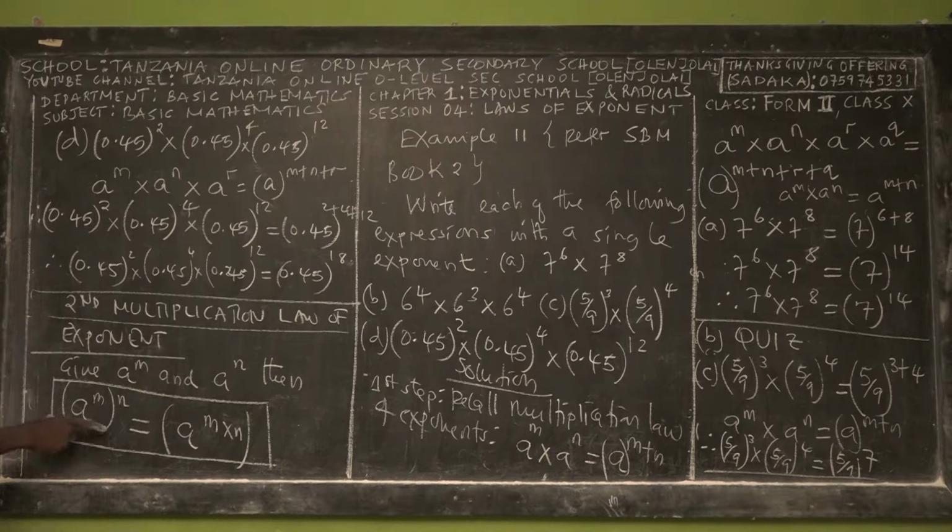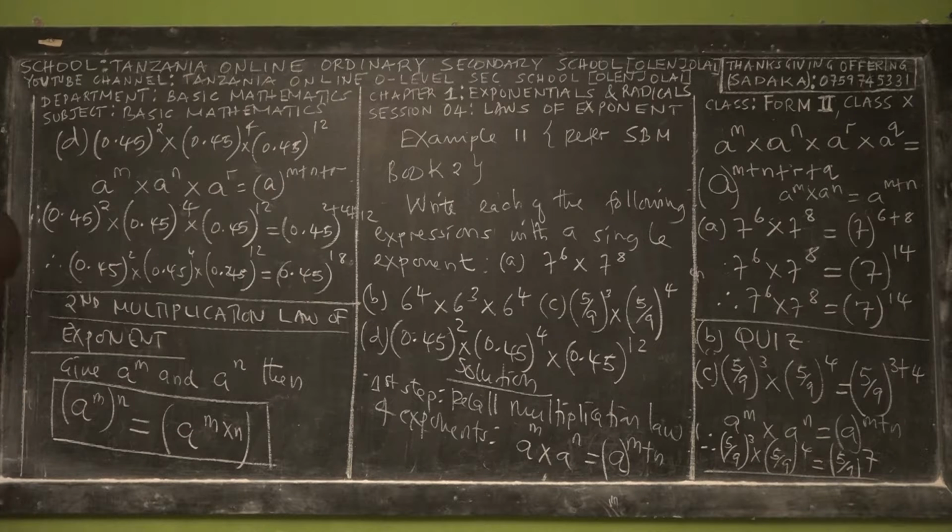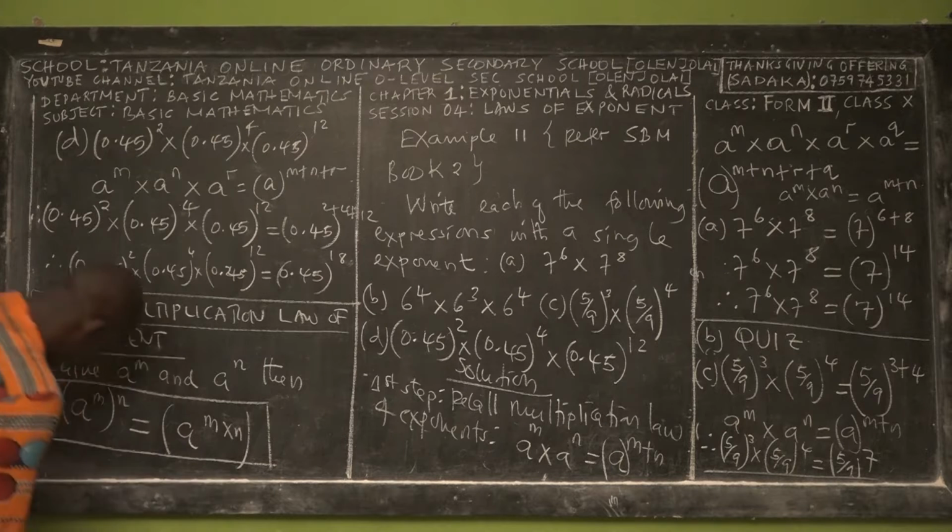In order to find the value, or to express this exponential form in simplified form, we write the base the way it is, but we multiply the exponents. If the two exponents are separated by the bracket sign, it means that these exponents are multiplied.